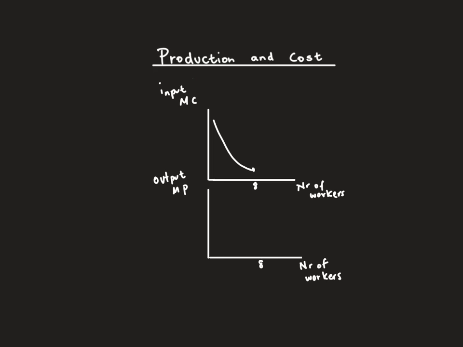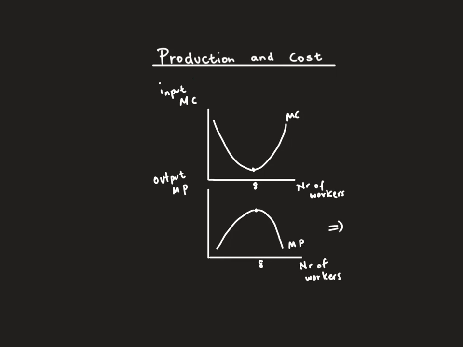And together with that, our output will also increase to a certain point. And then when we go beyond that point of hiring too many workers, then our marginal cost will start increasing and our marginal product or revenue will start decreasing. So that represents our marginal cost and that represents our marginal product.